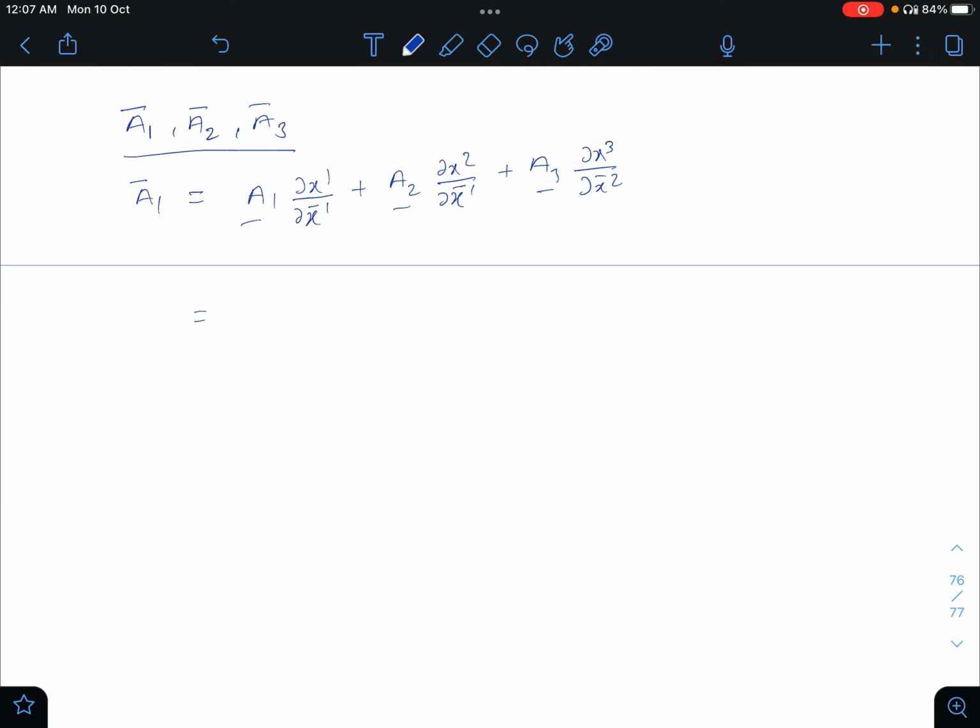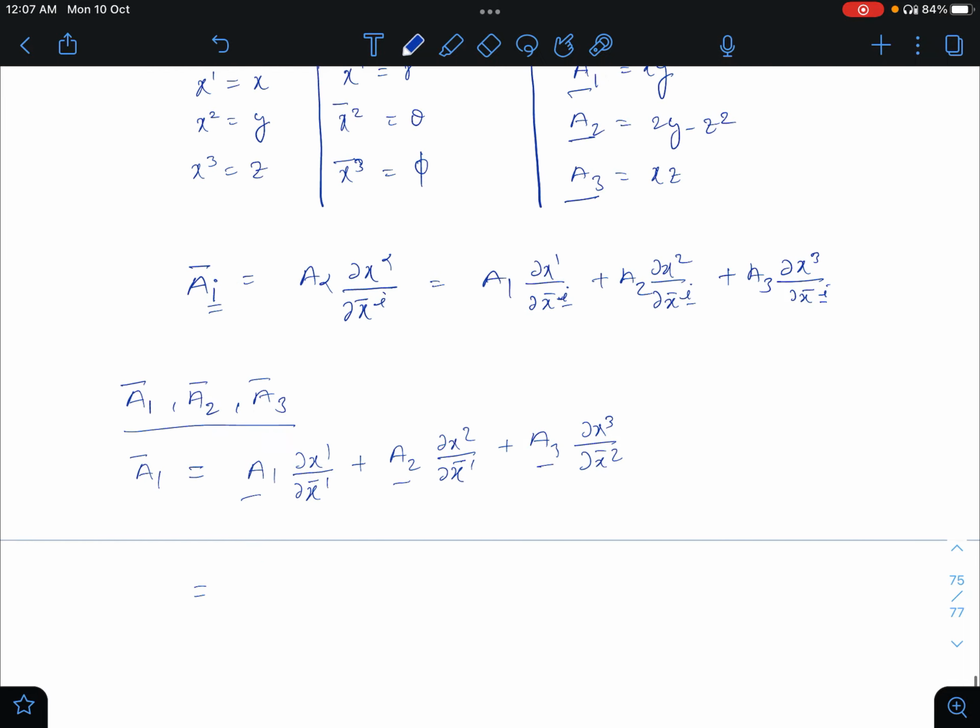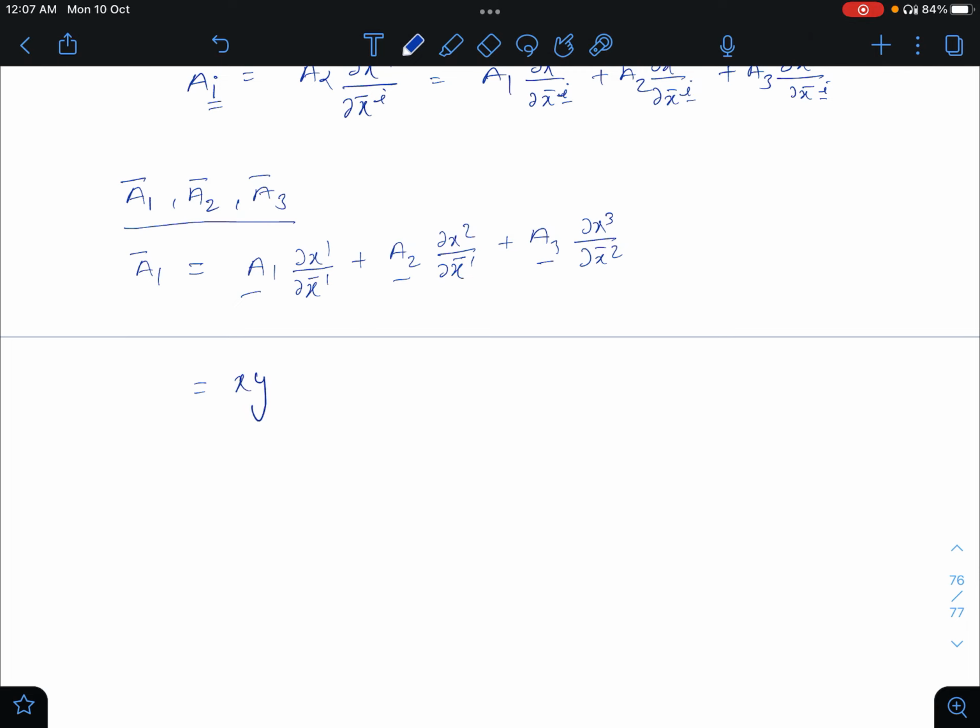So it is xy delta x upon delta r plus 2y minus z square delta y upon delta r plus xz delta z upon delta r.